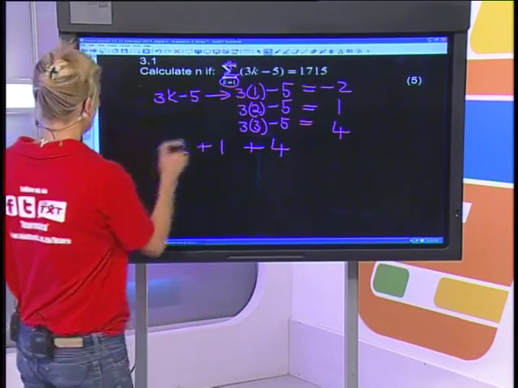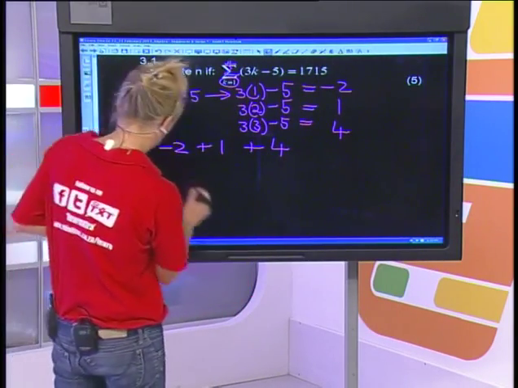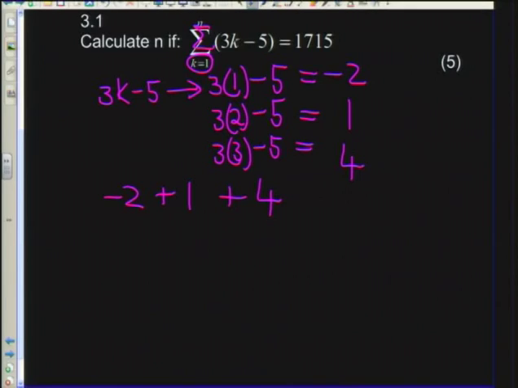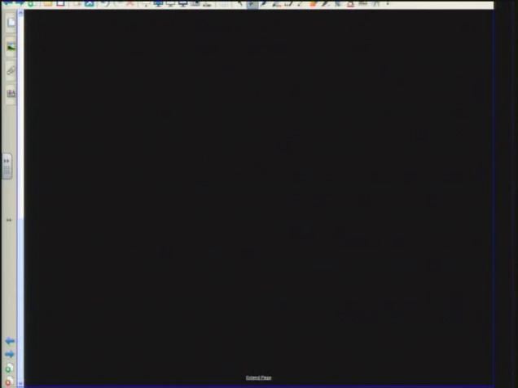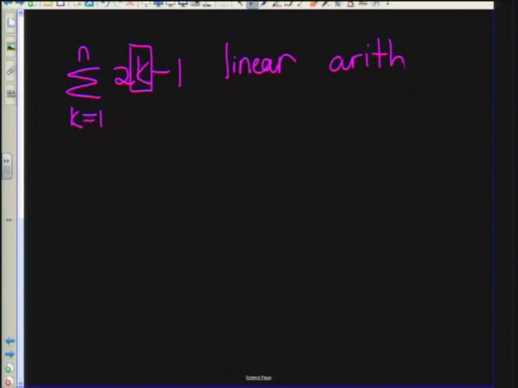Guys, in your little formulae, if you have something like sum n, it doesn't matter, k is equal to 1, where your k or your p or whatever is in the linear, in other words, it's not an exponent, then you know that you're going to deal with a linear or an arithmetic number pattern.